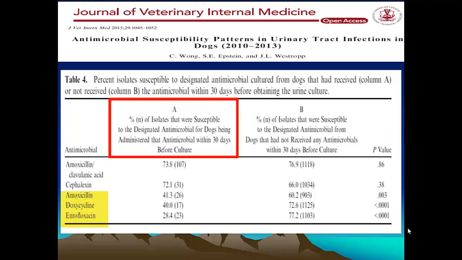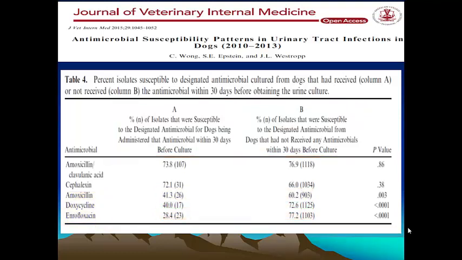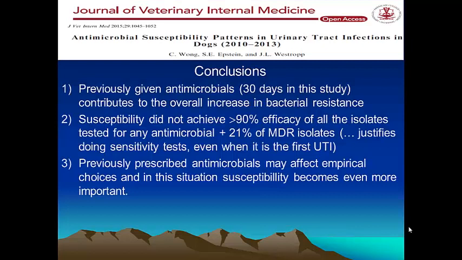They're comparing those dogs to those that did not receive antimicrobials within 30 days before culturing. So the values are strikingly different, 40 to 60 for amoxicillin, 40 to 72 for doxycycline, and 28 to 77 for enrofloxacin. So let's put it all together.